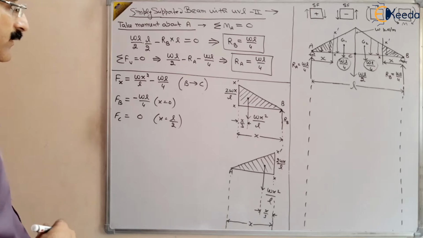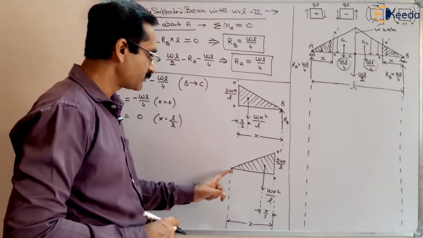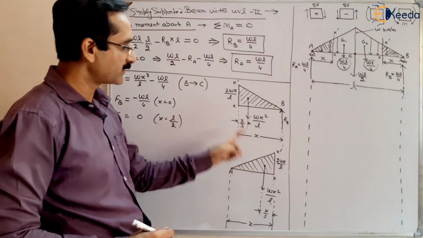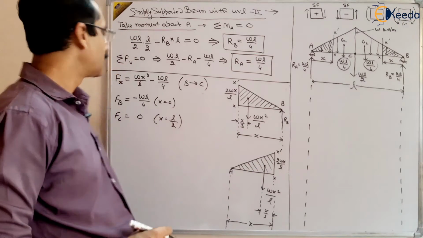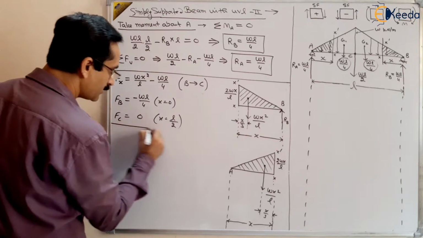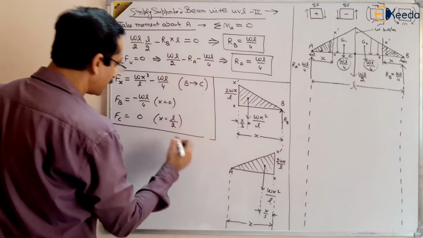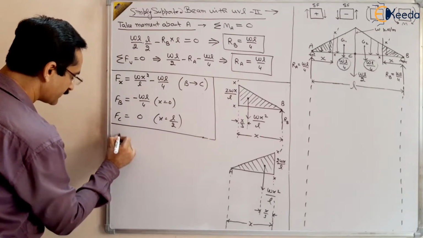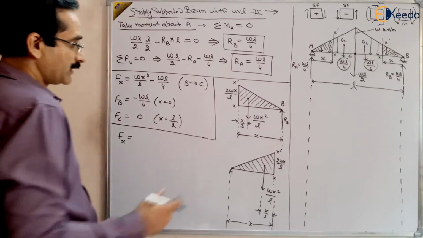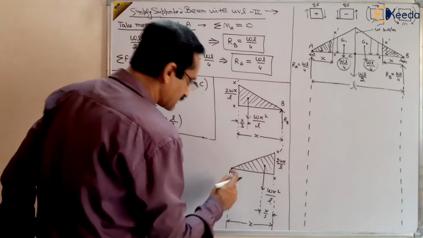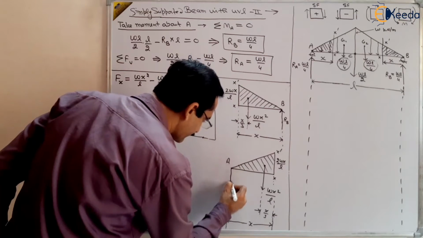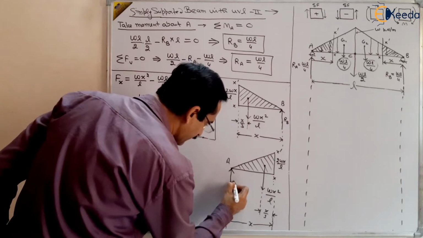So this is the way we can find out the shear force in part AC using this condition, right? Because this triangle is a part of AC. So for AC, we take Fx, again Fx for part AC. All the forces to the left of the section: this is point A, and here this reaction is RA.